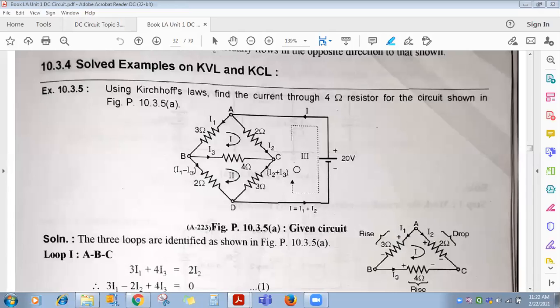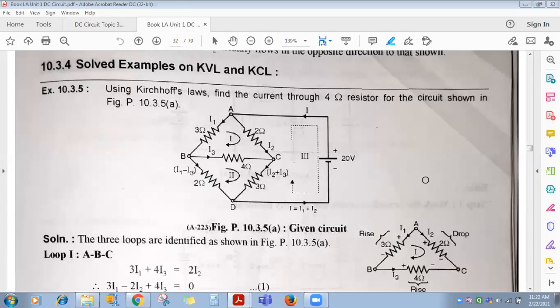First step is to represent branch current direction using KCL. Okay, what is the second step? Yes, who can tell the second step? Apply KVL by using loops. Correct. Apply KVL. But before it, first of all, you find out the number of unknowns.